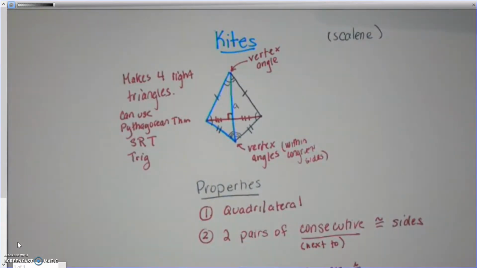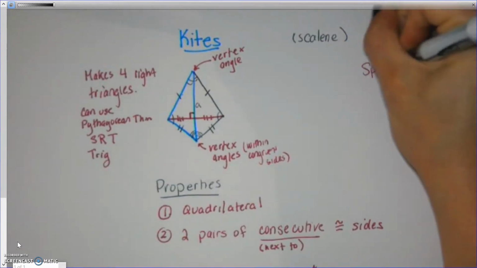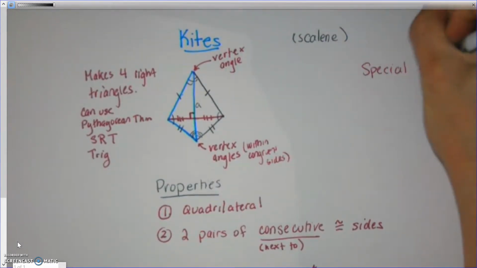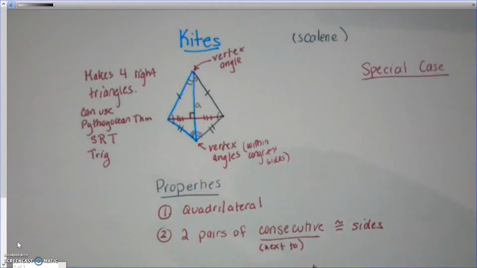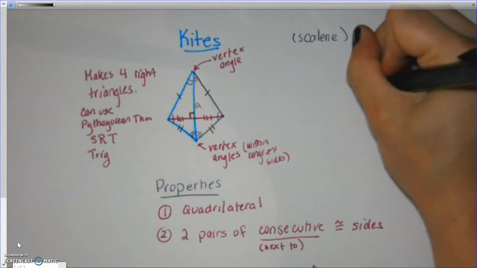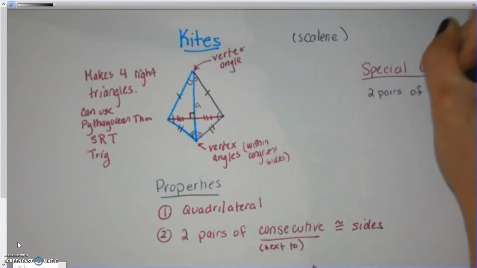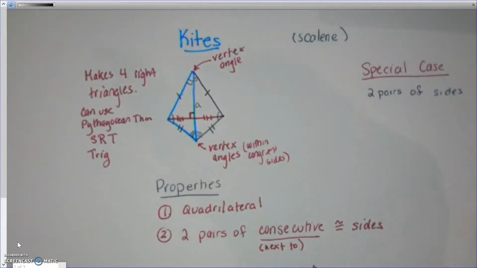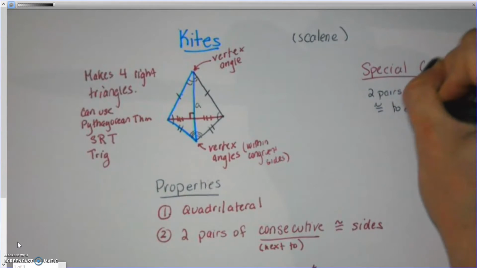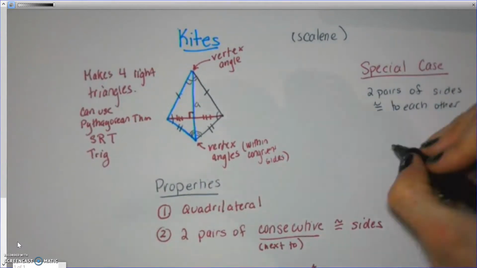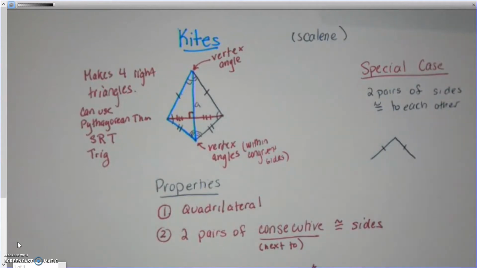The last thing I want to talk about is, what about a special case? If I had a special case where the 2 pairs of sides are actually congruent to each other. So it might look like here's one pair of sides, and they are congruent.